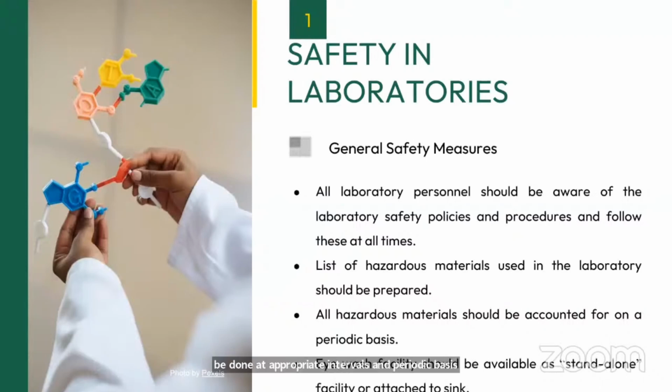Eyewash facilities should be available as standalone facilities or attached to the sink. So you may have a standalone unit of eyewash facility or you can just attach it to your sink, provided that it should be accessible. Not like it is located in some corner and when there is a need, it is not possible to even reach there. So it should be within reach, it should be accessible and it should be known to everybody.